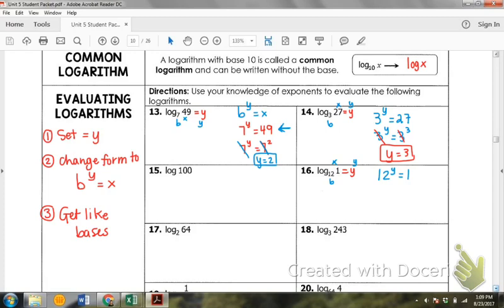Now, this one is kind of tricky because I can't make 12 become a base of 1. But if we think about this, if I raise anything to what power am I going to get 1? 0. So in this problem, there's actually not a lot of work to show. We change it to exponential form, and then we know that the answer is just 0.